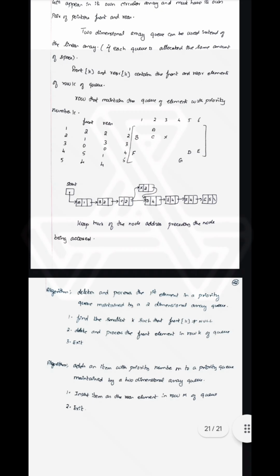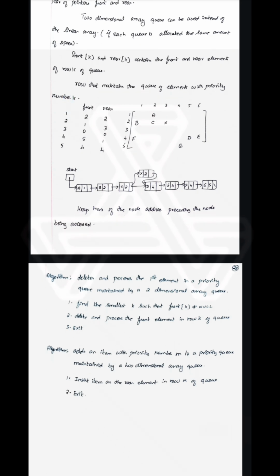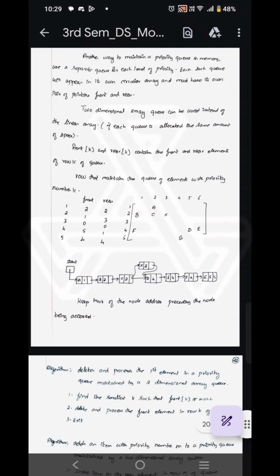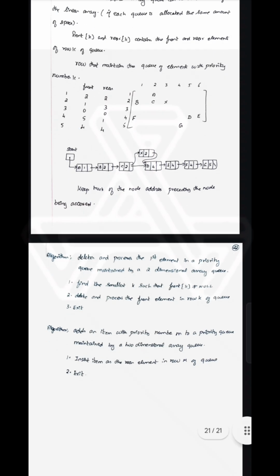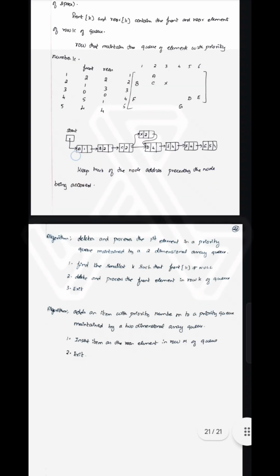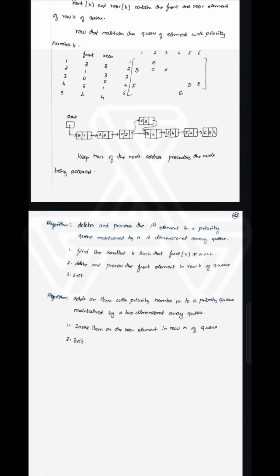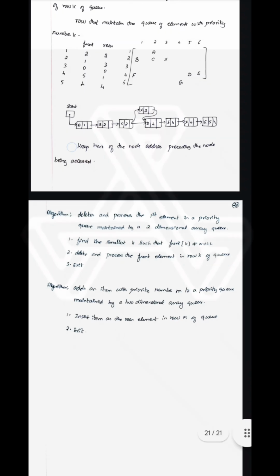A two-dimensional array queue can be used instead of a linear array. If each queue is allocated the same amount of space, FRONT[K] and REAR[K] contain the front and rear elements of row K of Q, where Q maintains the queue of elements with priority number K.